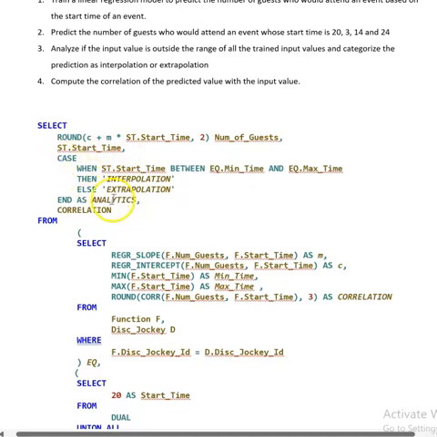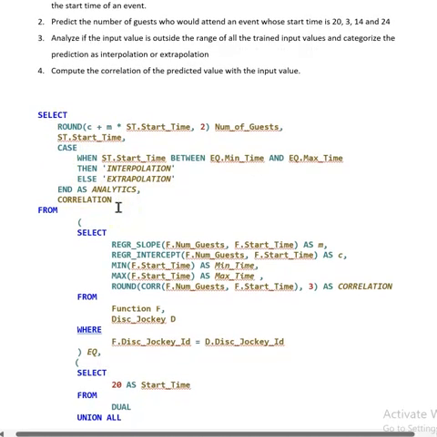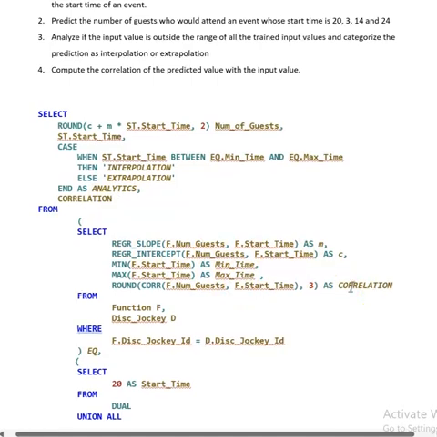Along with that, we'll display the case where if the input value ranges between the minimum time and the maximum time, which we've calculated here, then the value is interpolated, else it is extrapolated. And we'll save this output as analytics, and we'll also display the correlation, that is the correlated value which we calculated here.